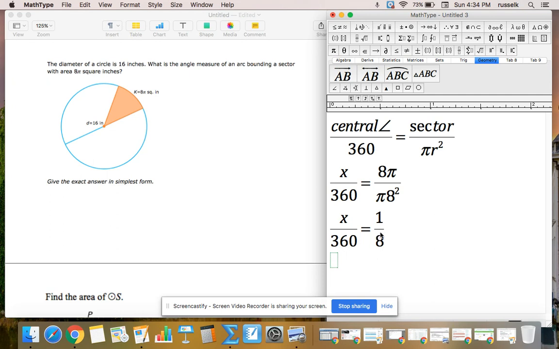Cross multiplying, we would get 360 is equal to 8x. And then divide by 8 to get 45. So that angle would be 45 degrees.